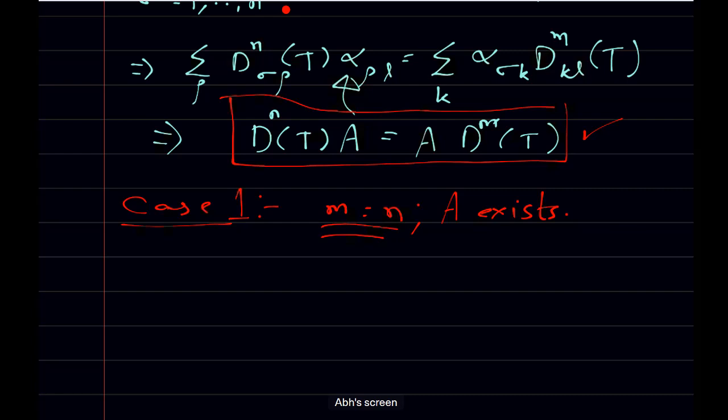Remember, we already did that in the previous classes. Okay? But if M is not equal to N, then what will happen?